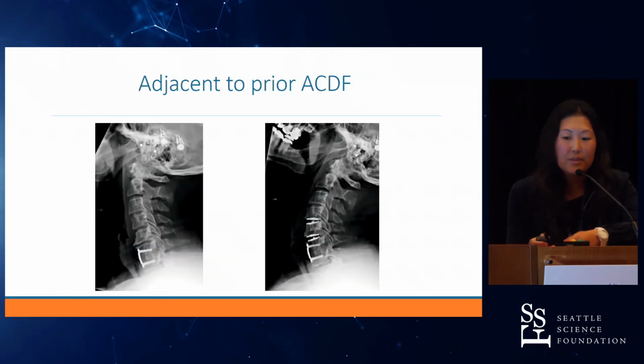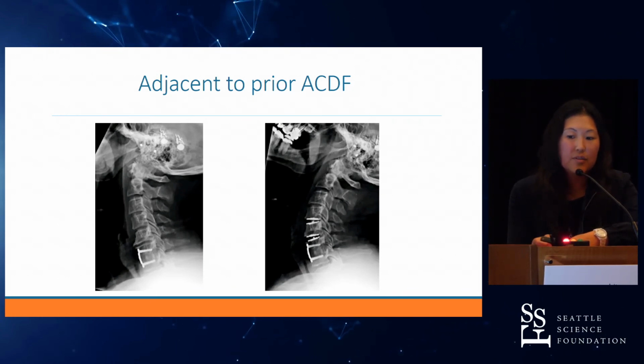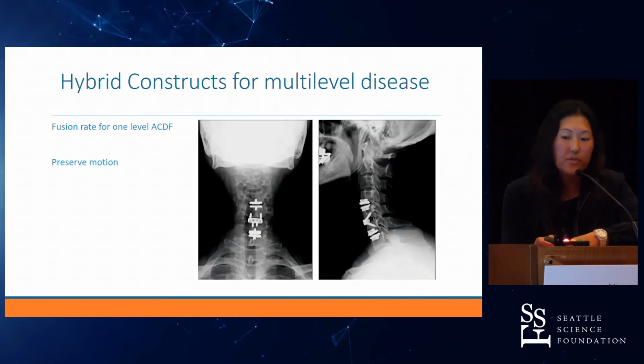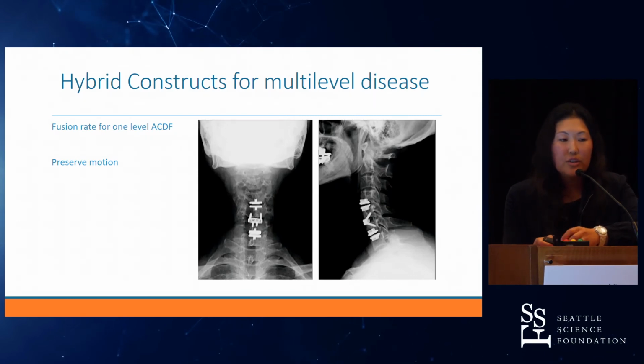Then perhaps using it as an option to treat adjacent level disease after prior ACDF rather than taking the plate out and doing a massive revision fusion to a 3-level fusion, and then hybrid constructs for multi-level disease, so that you essentially take a 3-level demand for fusion, reduce that down to that of the 1-level ACDF, and you're also preserving motion at the adjacent segments.